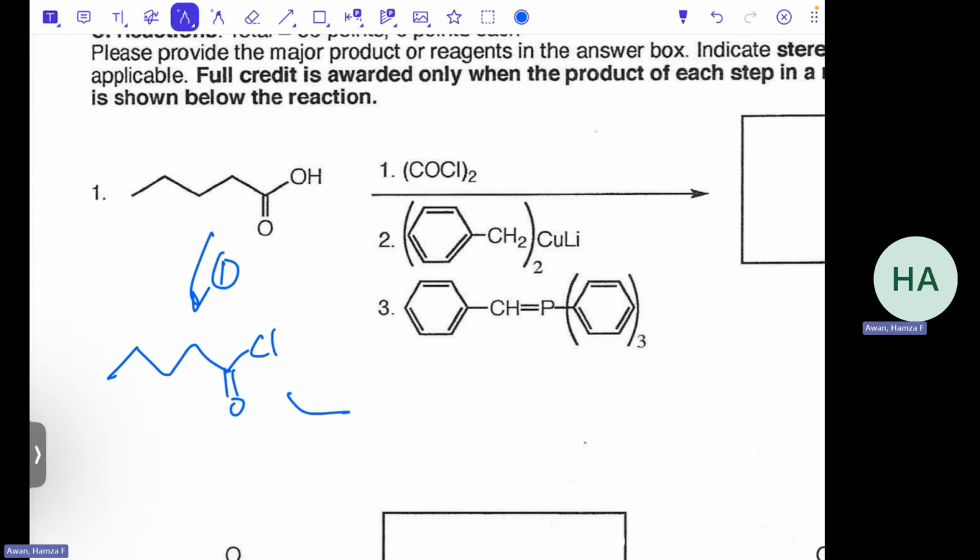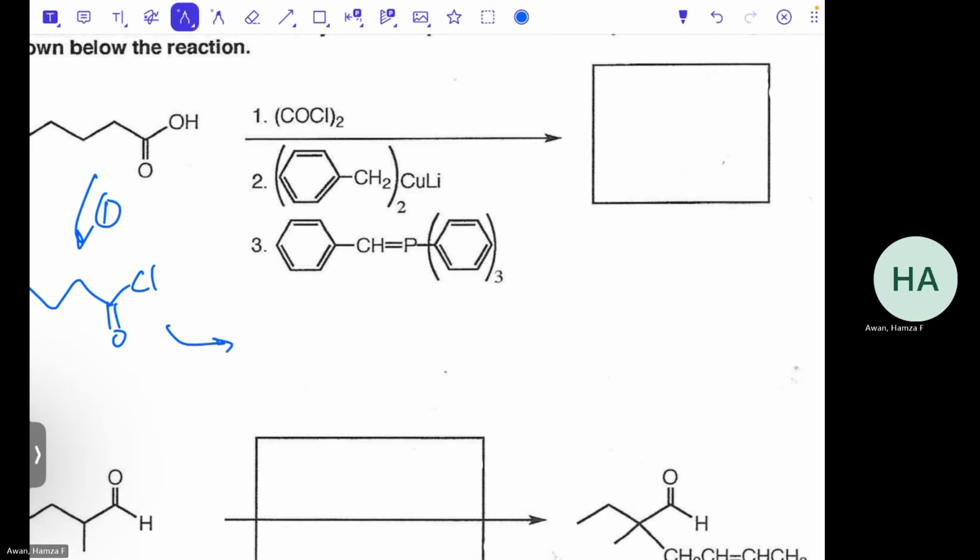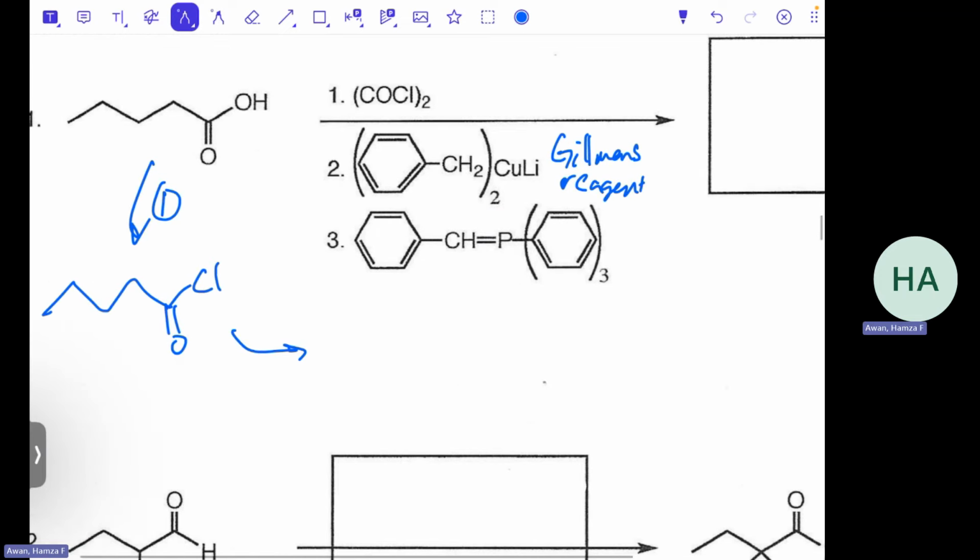And then for our second step, this is the, I'm blanking. Not Grignard, but it had a name. I'm sorry. Gilman's, yes, Gilman's reagent. Thank you. What this does, even though it has two of the substituents, it's only going to add one of them. That's what makes it special.